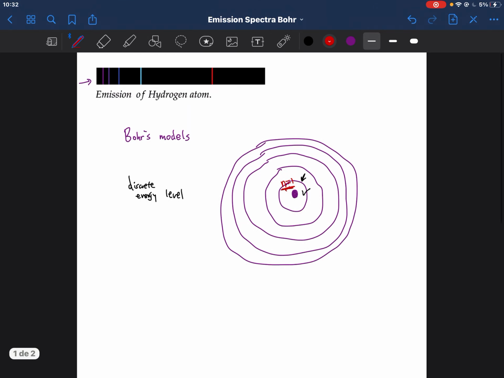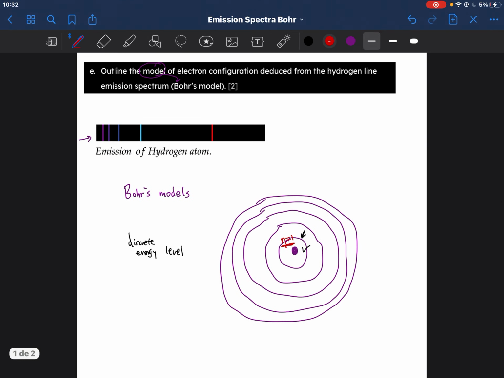The reason that he did that is because he saw in the emission spectrum of hydrogen, when hydrogen jumps to a higher energy level, it needs a really specific amount of energy. And of course, in emission, we're not really seeing the jumping, we're seeing the electron relaxing, but we're seeing that this only happens at really specific amounts of energy. It's not that I have a whole range of energies that the electron emitted when it was falling.